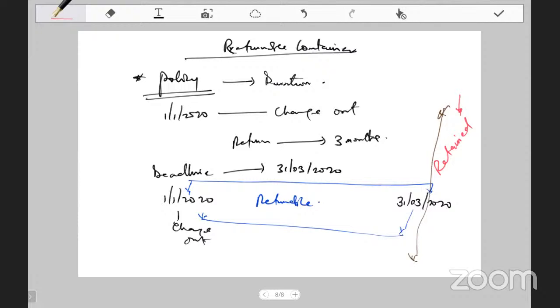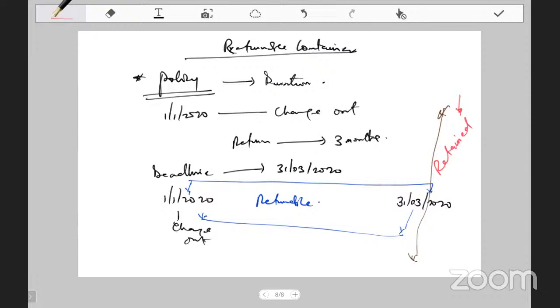Then two things will happen. One, the customer will not be entitled to the returnable price, so it is forfeited. Two, the person who owns the container has earned a profit that we refer to as profit on retained container.